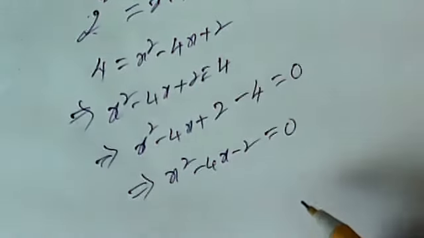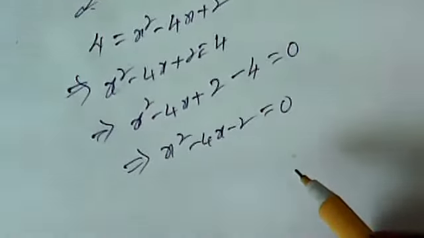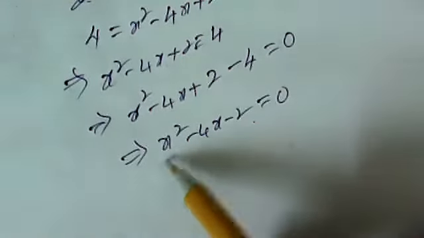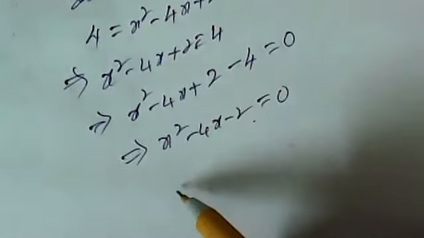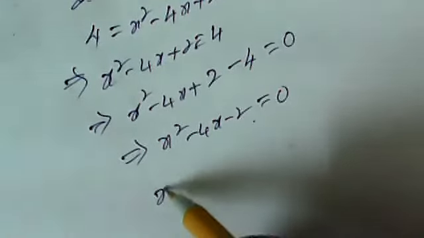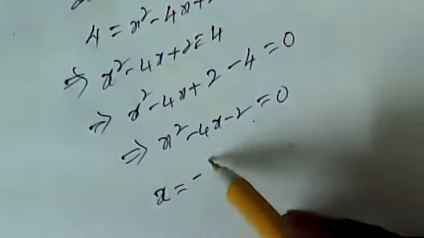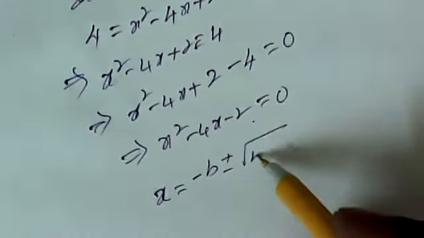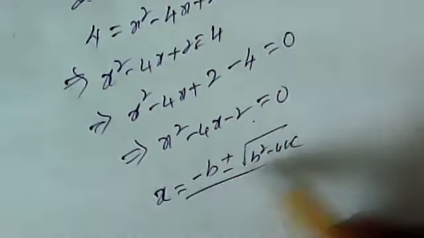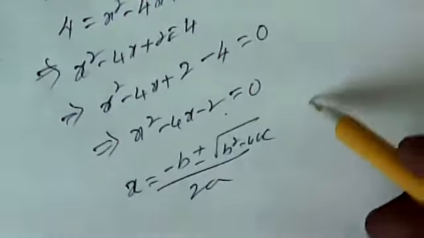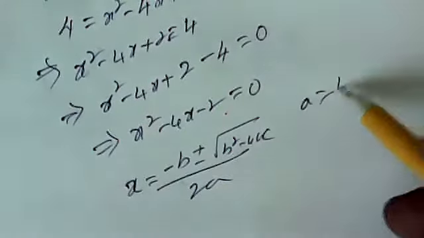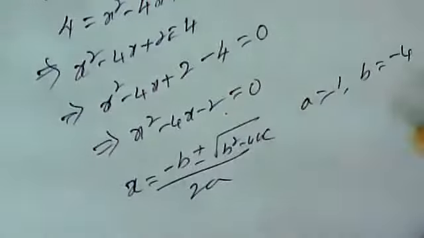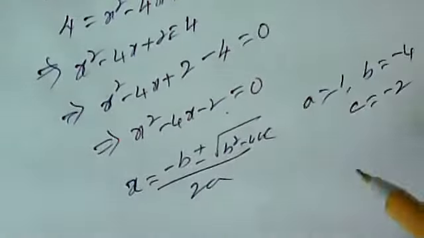To solve this equation, it's not easy to factorize, since the coefficient of x square is 1 and the constant is 2. So then, better to go with the quadratic formula: x equals minus b plus or minus root of b square minus 4ac, all by 2a. Here a is the coefficient of x square, which is 1, b is equal to minus 4, and c is equal to minus 2.